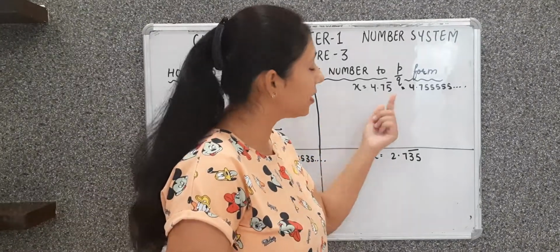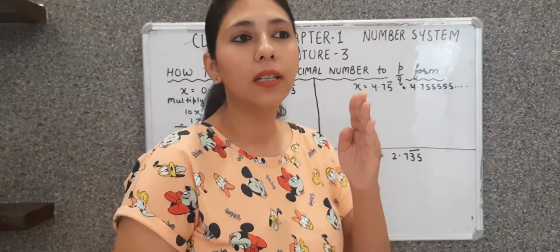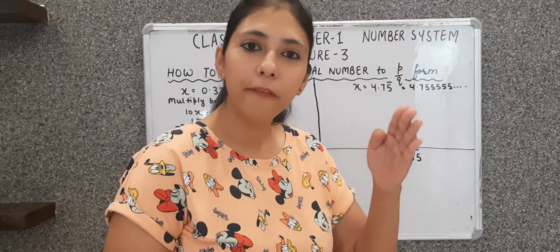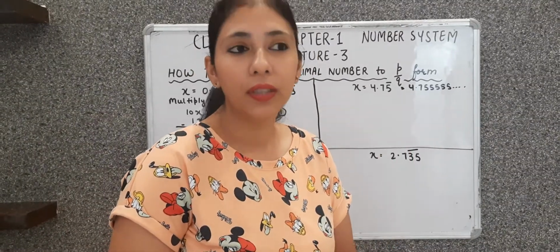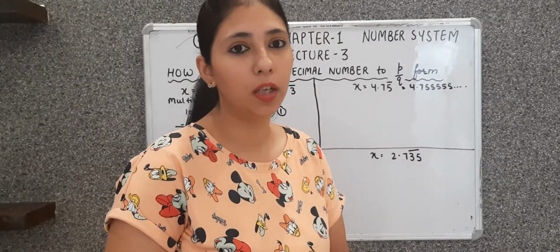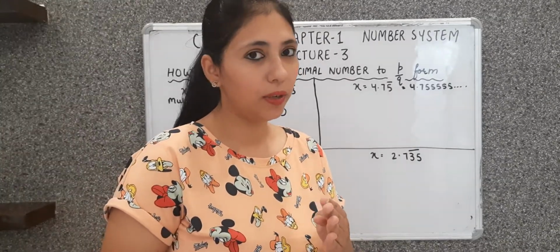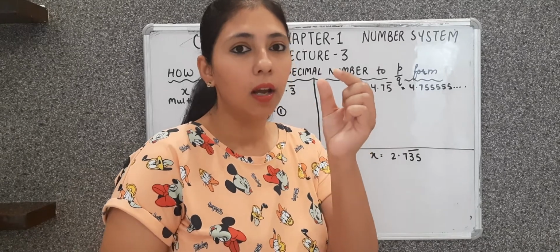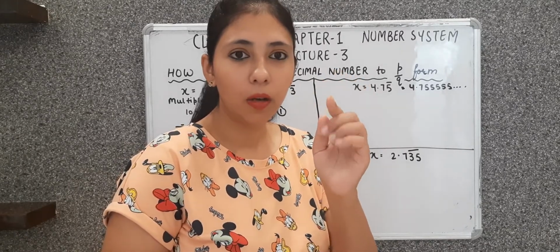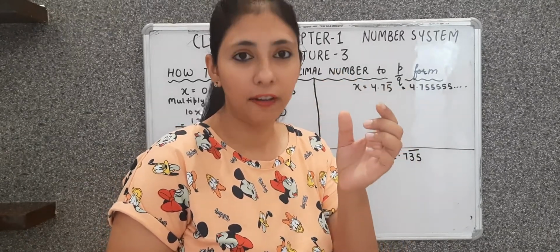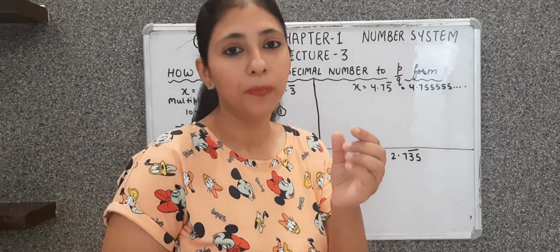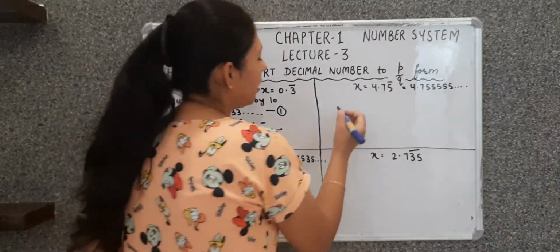But in this one, we have 2 digits after the decimal, but 7 is not repeating, only 5 is repeating. So for this kind of question, what do we need to do? The first step is to shift whatever number is after the decimal, like 7 5, which means 2 numbers are there. So I'll multiply both sides by 100.